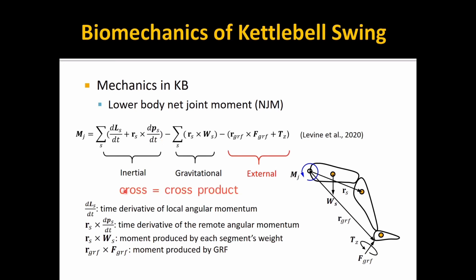So rs cross this means the time derivative of the remote angular momentum, which is due to the rotation of the segment about the joint. So rs cross ws means the moment produced by each segment's weight, and rGRF cross FGRF means the moment produced by the ground reaction force.